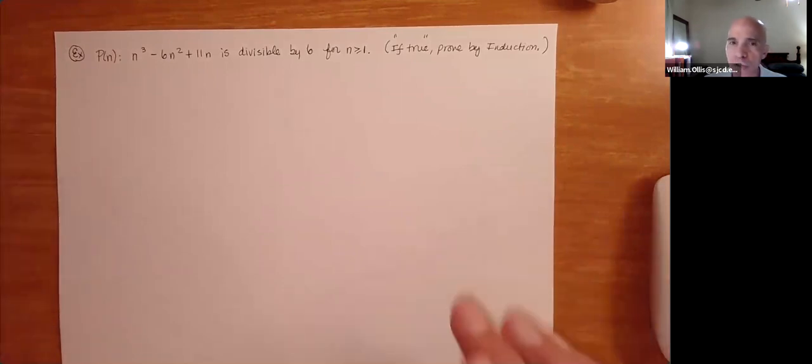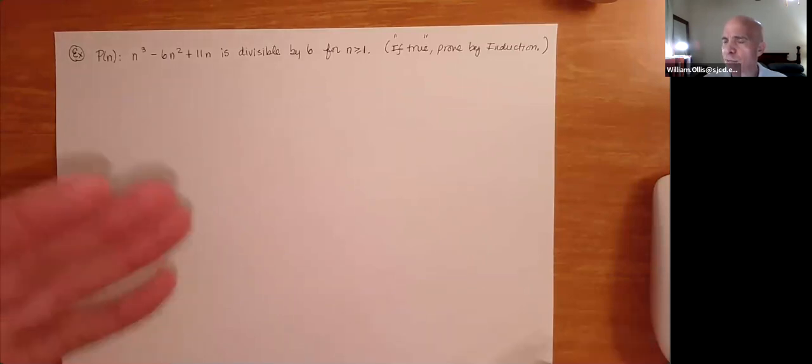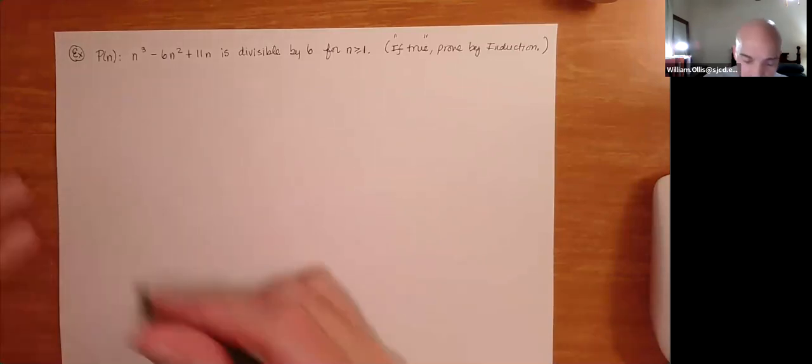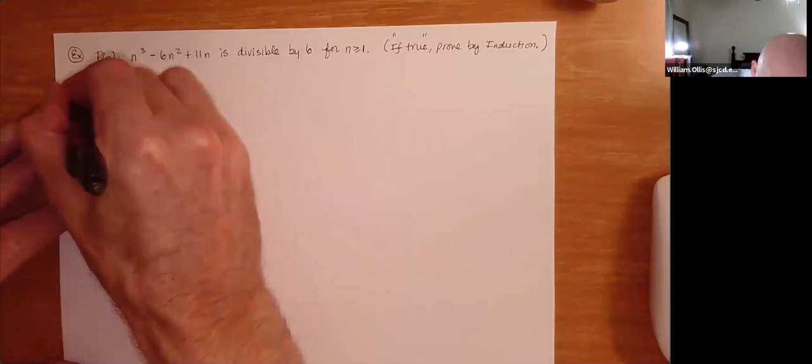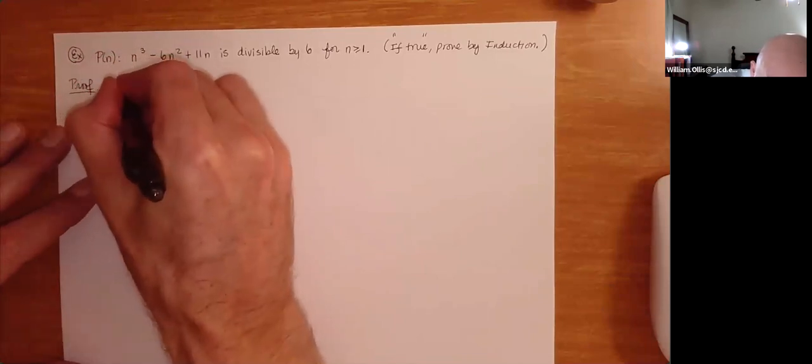So let's just go out on a limb and say, okay, we're going to check 1 and see if it works. And then we'll say, okay, let's just kind of go out on a limb and try to do the induction step. So we're going to be positive. We're going to affirm in the positive and let n equal 1.